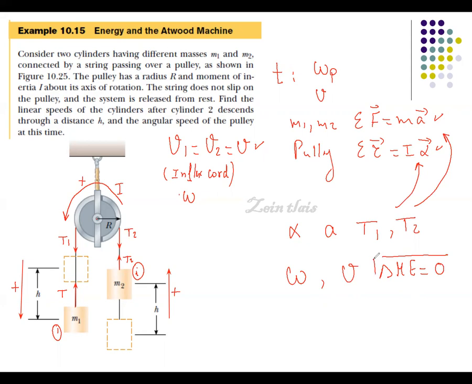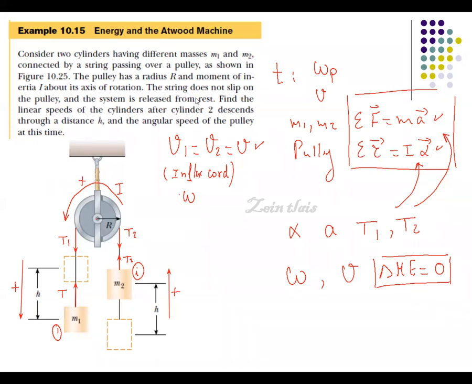It's easy to use this equation to calculate the velocity. Maybe later I can ask you to calculate T1 and T2. We can use these two relations. Here you have to know we have two choices to solve this problem: delta mechanical energy, or the summation of F and the summation of tau.